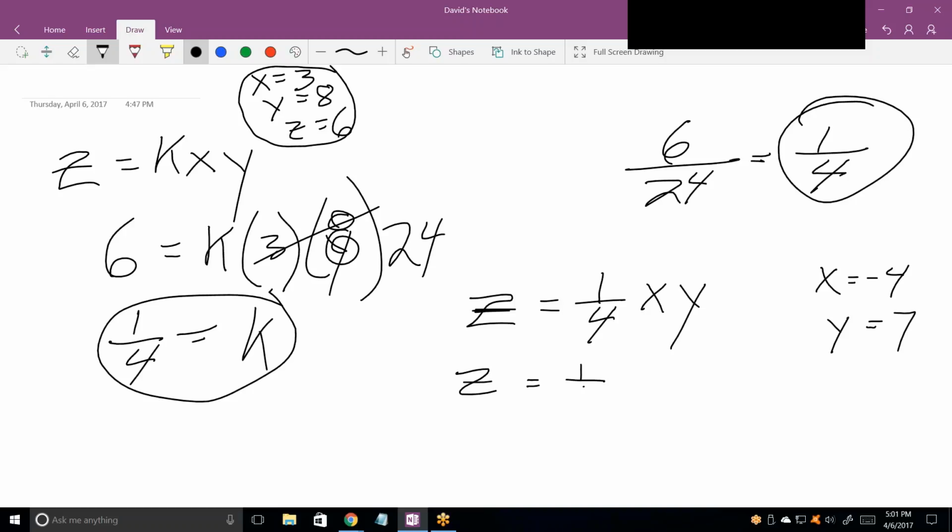In other words, we still have the 1/4, now -4 for x and 7 for y. What does that make z? Would it just be, you divide the -28 by 4?